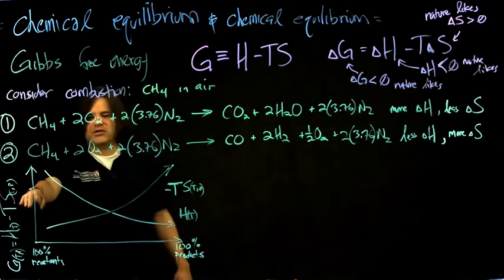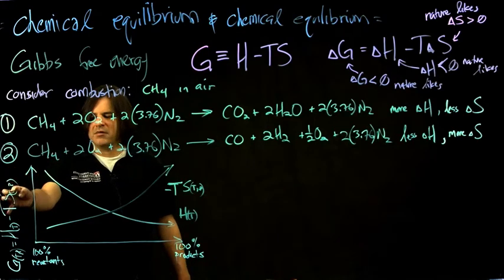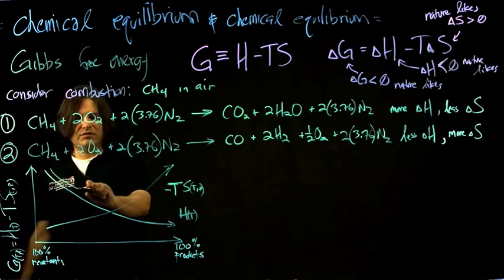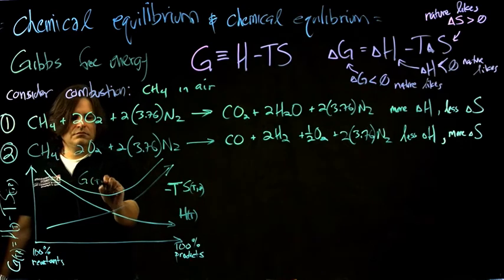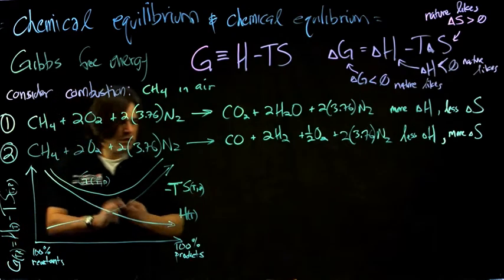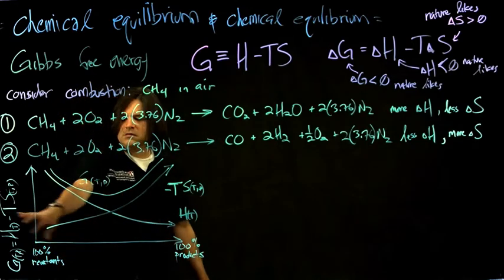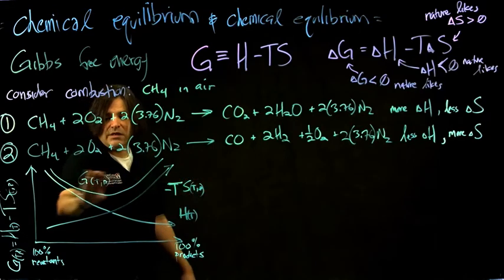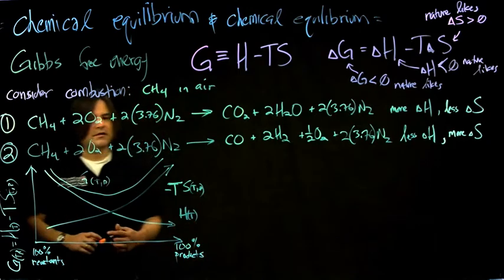So the Gibbs free energy, what that is doing is it's literally the linear combination of those. And if we were to plot this graphically, it'll look something like this, the Gibbs free energy. So I'm showing that this is what the enthalpy is doing. This is what the entropy is doing, and when you add those together, you get this net curve here.